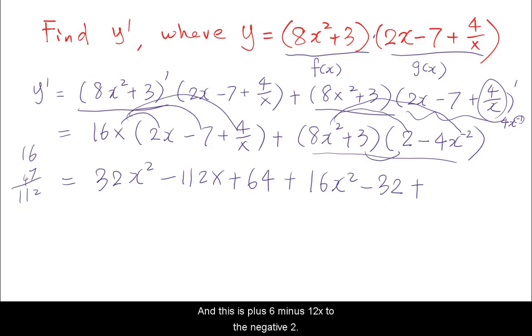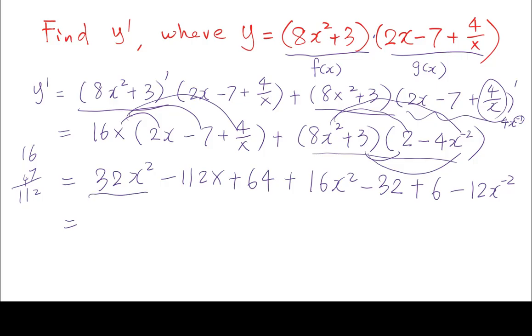And this is plus 6 minus 12x to the negative 2. Combine like terms. The like terms are these two, and that is 48x squared. There's only one x term, which is minus 112x.